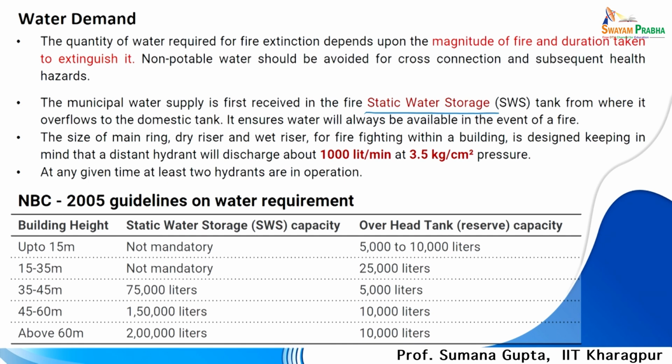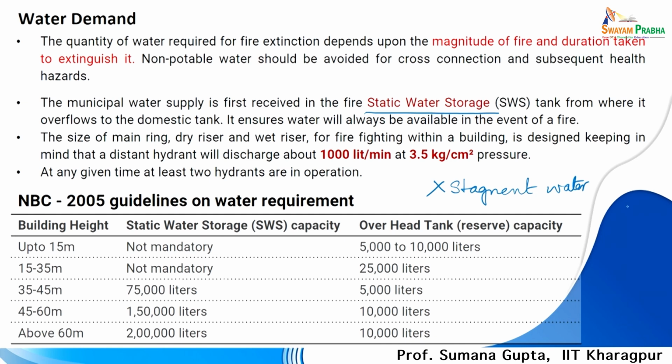This static water storage tank is where the municipal water first comes in, so that it is always full. From there the next tanks, which are the underground reservoirs, are supplied with water. So, the static water storage never gets any stagnant water.